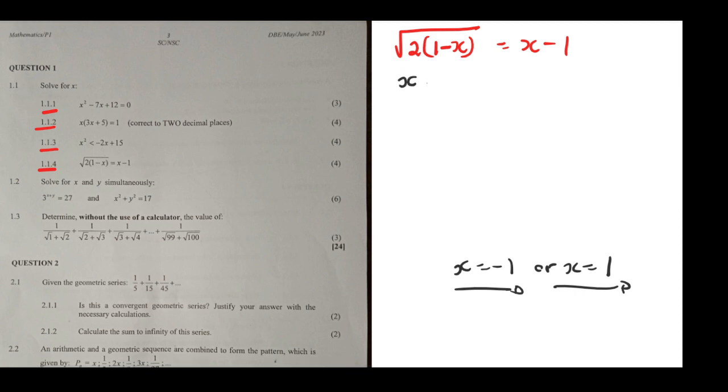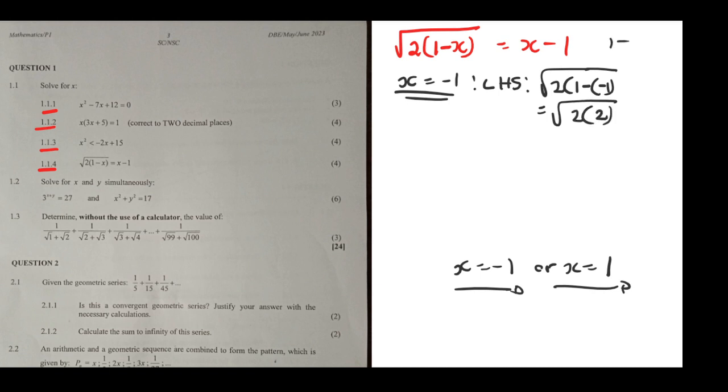You say, okay, fine, I got x equals -1. Let me check if the left-hand side equals the right-hand side. Left-hand side, you have the root of 2 into 1 minus -1, which equals the root of 2 into 2, right? Because 1 minus -1 is 2, and then it's the root of 4. Remember, the square root gives you positive and negative solutions, so it's positive and negative 2.